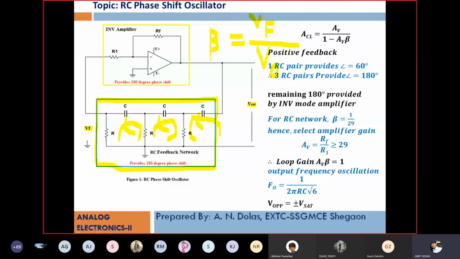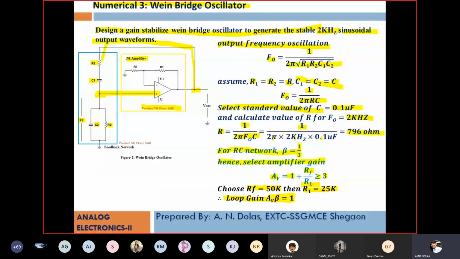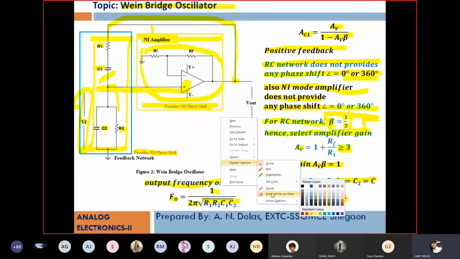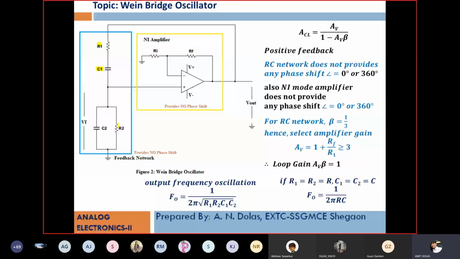So what is this network? 3 RC pairs. But if you come back to the Wien bridge oscillator, let me erase this. In the Wien bridge oscillator, what is the feedback network? I will show it by highlighter. This is the feedback network formed by R1C1 and R2C2.